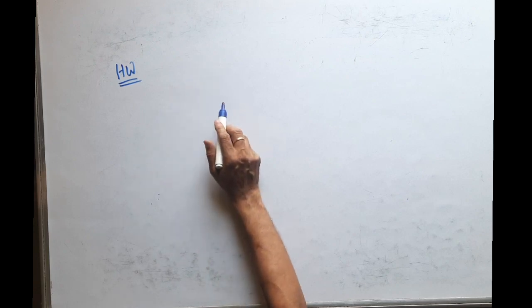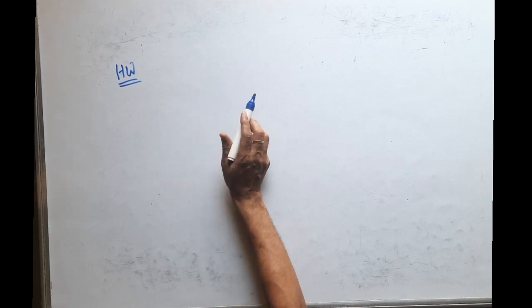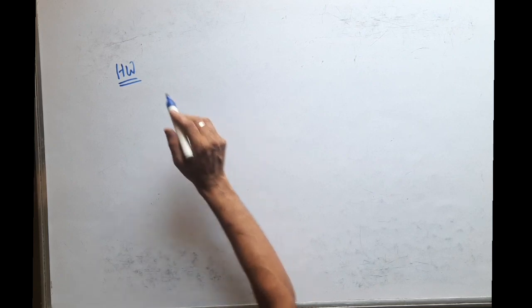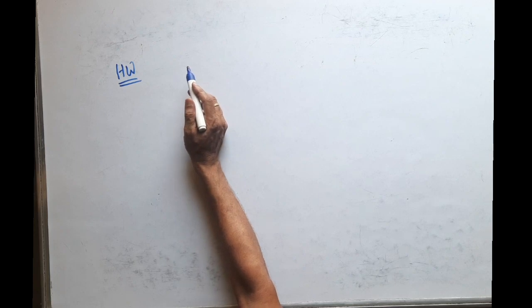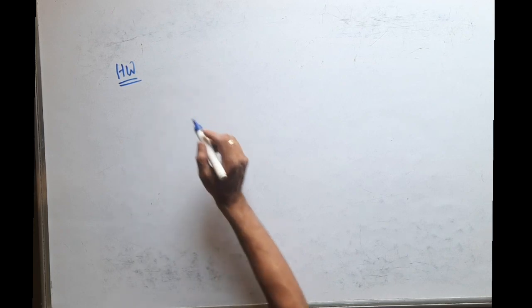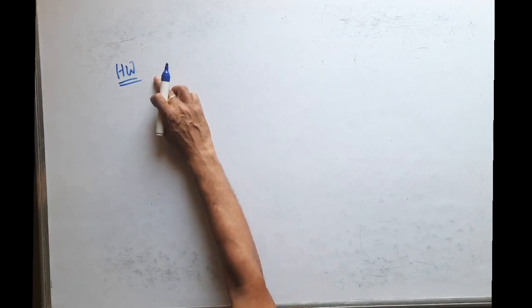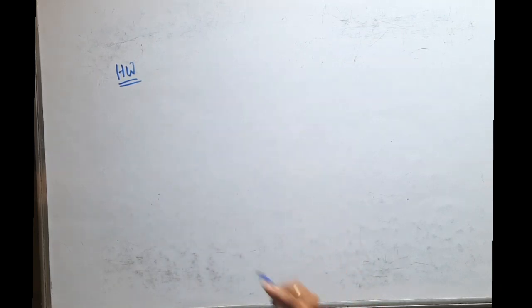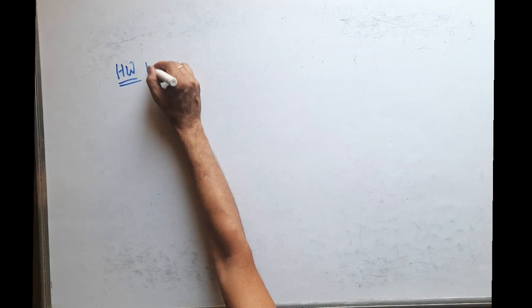I had explained how you will create a positively charged body by taking an uncharged body. Suppose you take an uncharged body, how will you make it positively charged? I have explained: bring a negatively charged body to the uncharged body, and I have given the 5 steps. So your homework is to write down the steps.